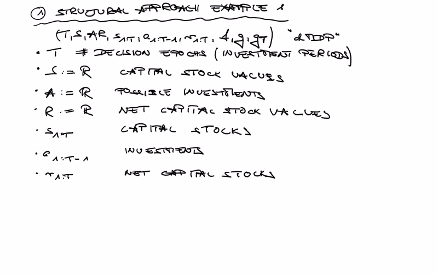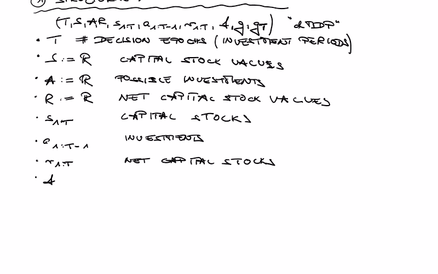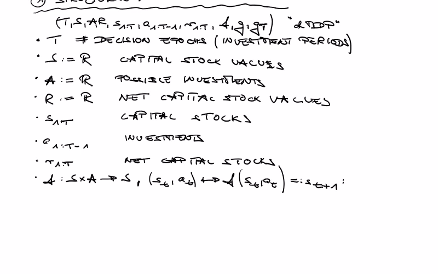And F was the state and action dependent transition function, which was specified by the fact that if you have the state at time t and the action at time t, then the state at t plus 1 was specified as st plus at.